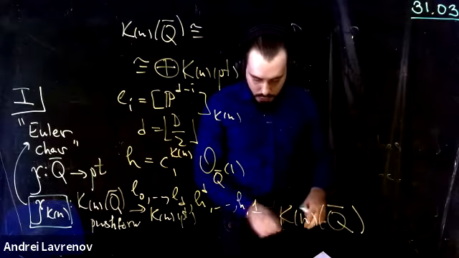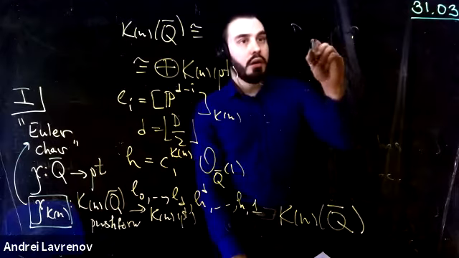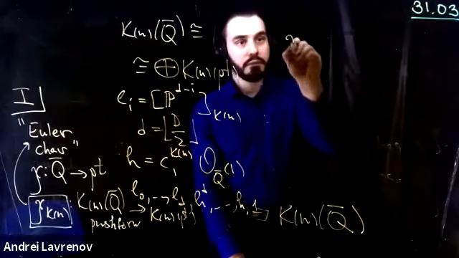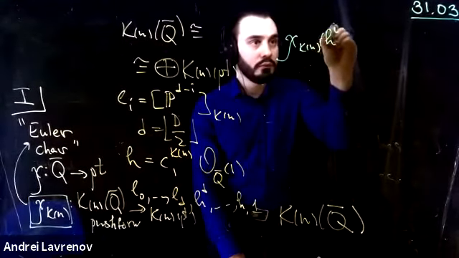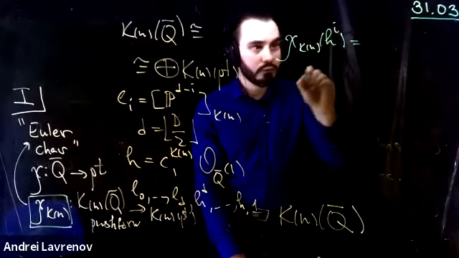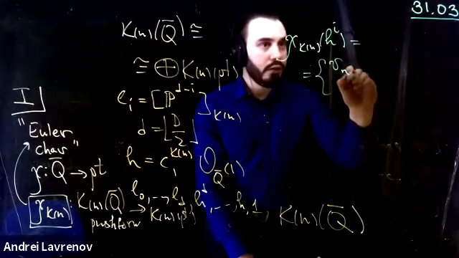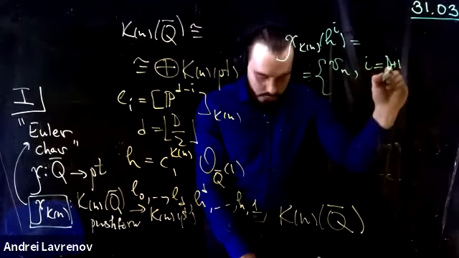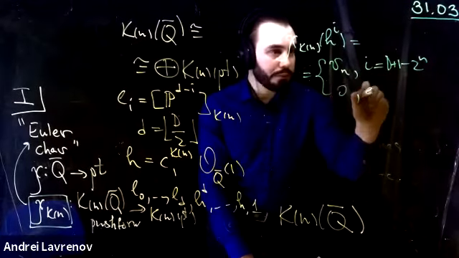But for H^i, the formula is the following: it's V_n for i equal to t+1 to n and 0 elsewhere.